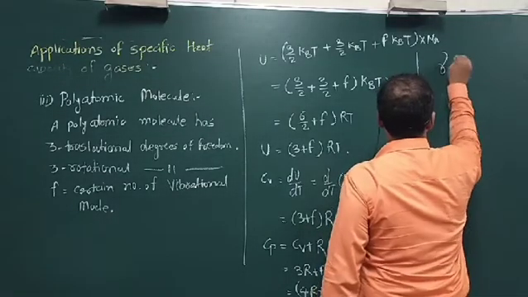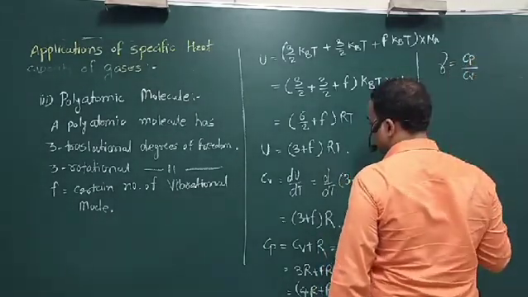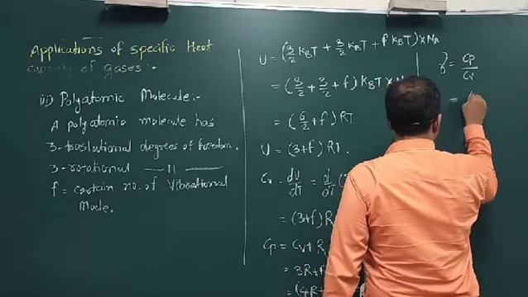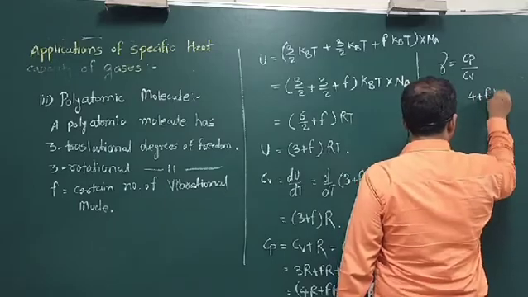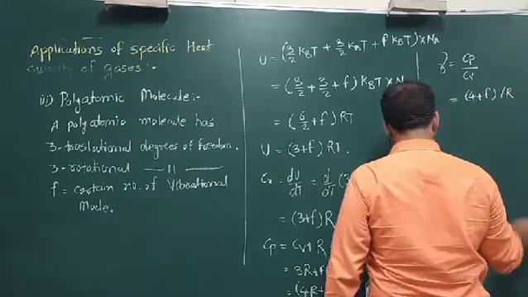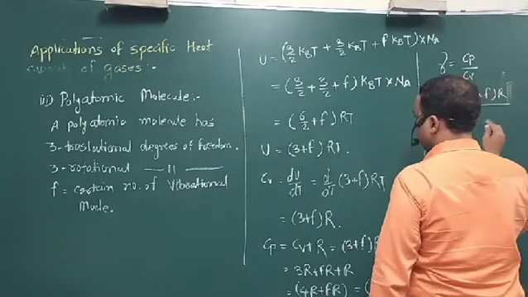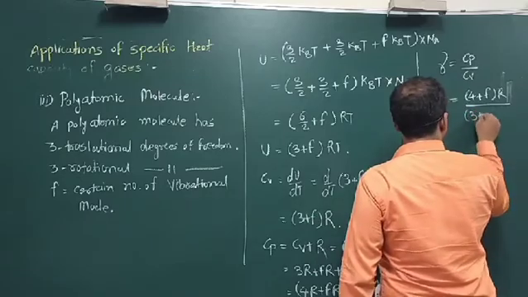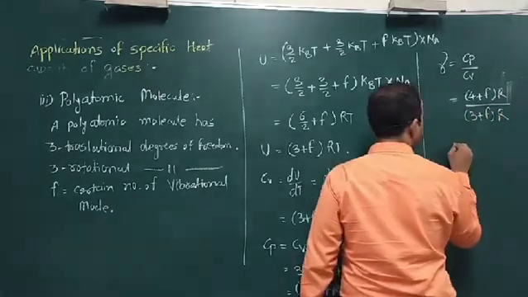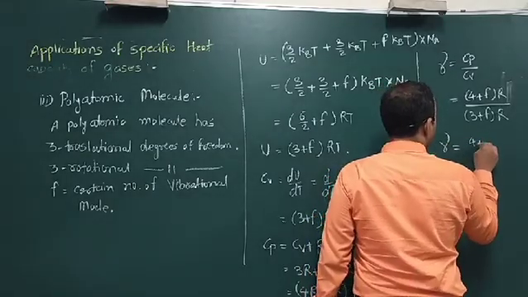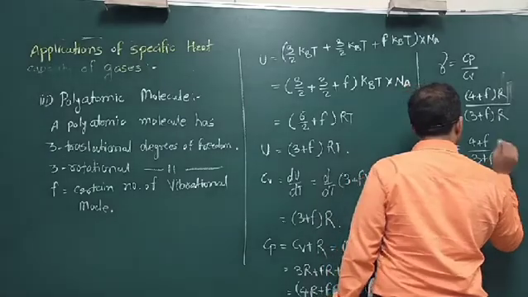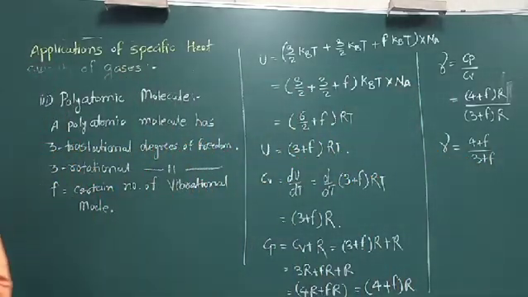Now gamma is equal to Cp upon Cv. So 4 plus F into R divided by 3 plus F into R. R gets cancelled, so gamma is equal to 4 plus F upon 3 plus F. This is the ratio of molar specific heat at constant pressure to constant volume.